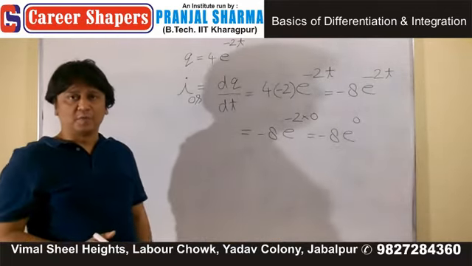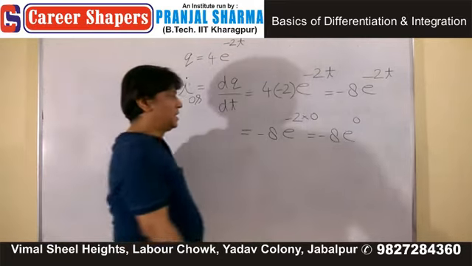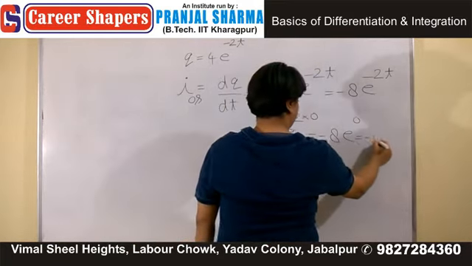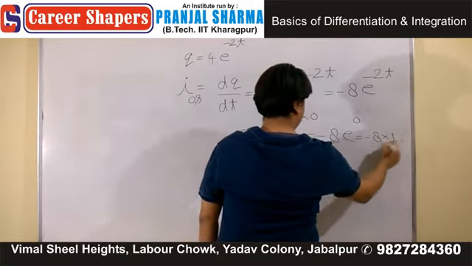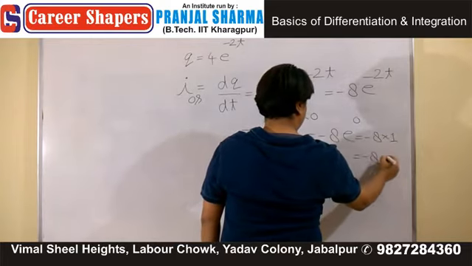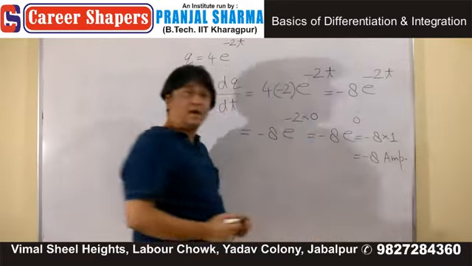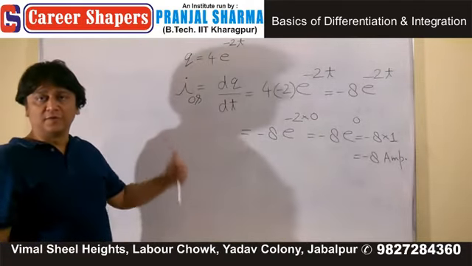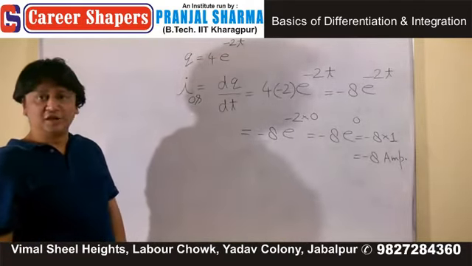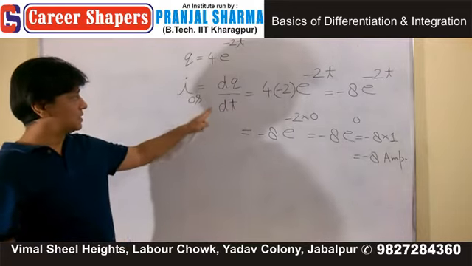What is anything to the power 0? 1. And that gives you minus 8 into 1, or minus 8 amperes. That is the electric current flowing in the circuit initially, when time is 0.